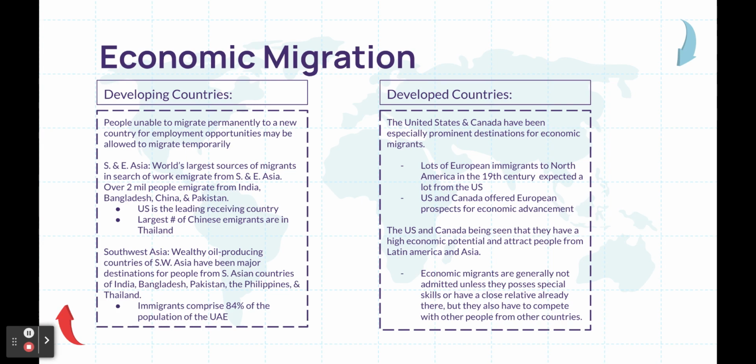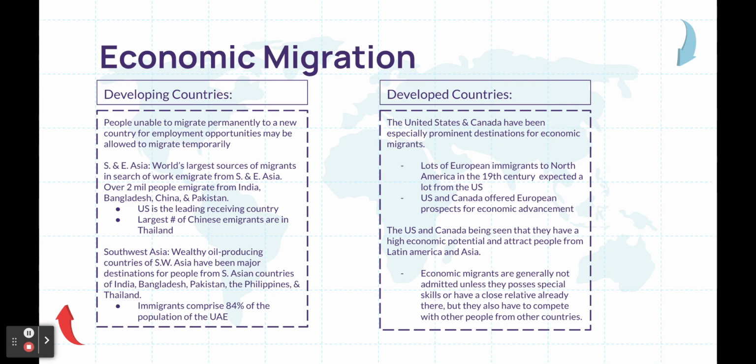The US and Canada are seen as having high economic potential and attract people from Latin America and Asia. Economic migrants are generally not admitted unless they possess special skills or have a close relative already there, and they are obligated to compete with people from other countries.